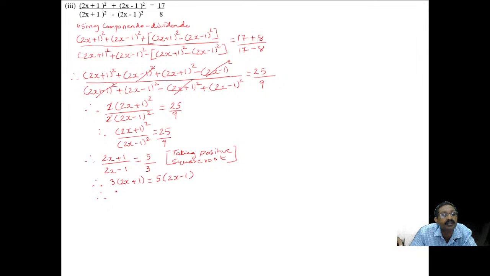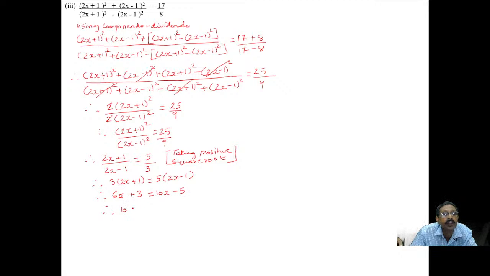Therefore, what we get? 6x plus 3 into 1 gives me 3, which is equal to 5 into 2 gives me 10x minus 5. Therefore, 6x comes this side and 5 will go that side.